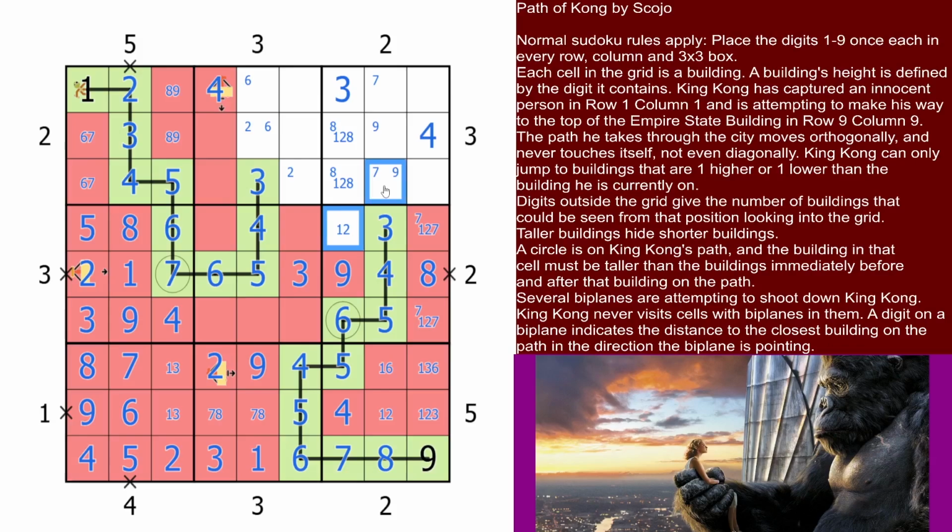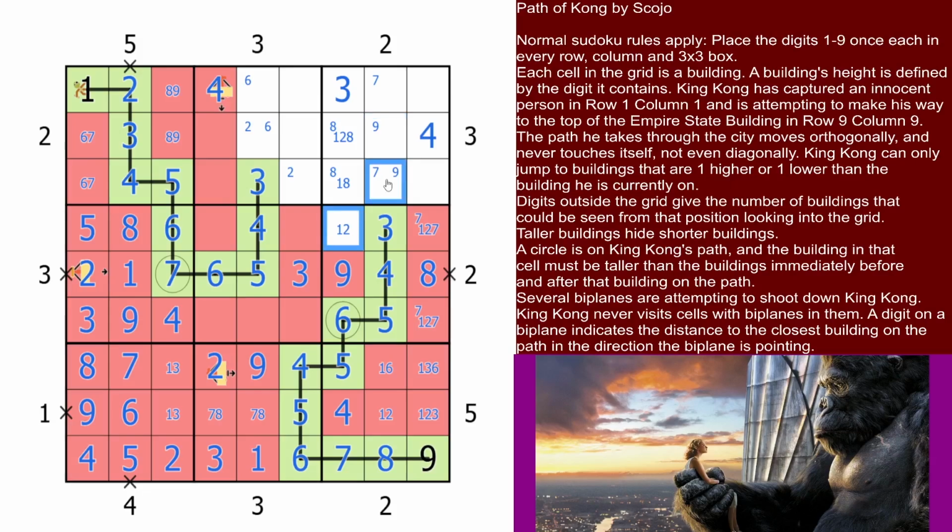2 is one of these, right? That could be 2 if 2 is here, right? But 2 is definitely one of these, so that can't be 2 is what I'm saying. And if 2 is one of these, 1 is one of these. How can that be 1? That can't be 1, right?